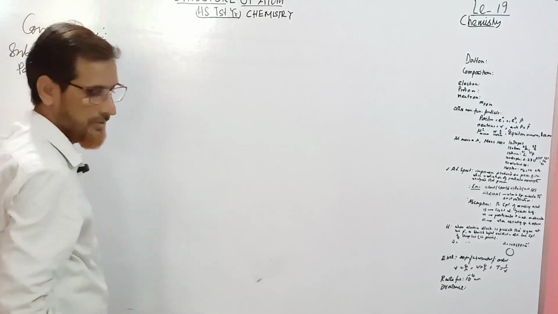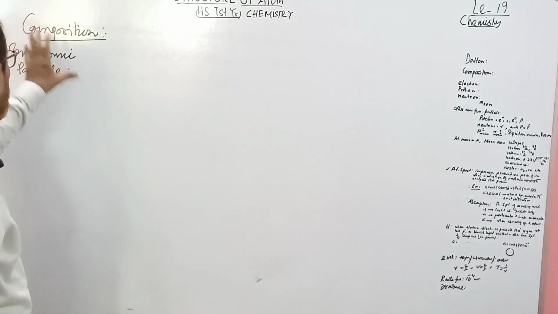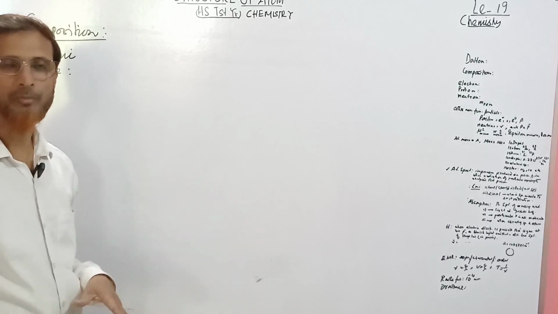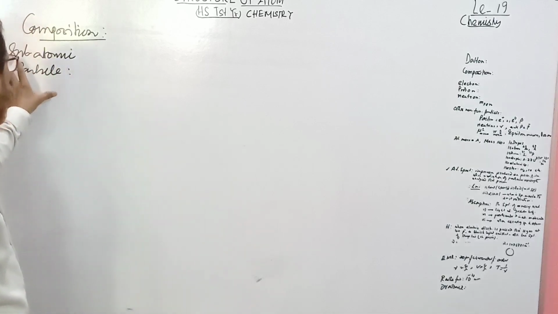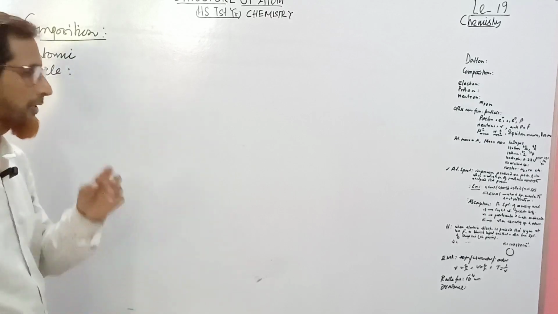Now let us explain some of the compositions of the atom before going to elaborate, that is, subatomic particles in the atom. What are the fundamental subatomic particles of atoms?